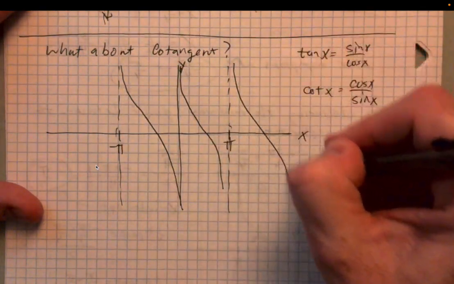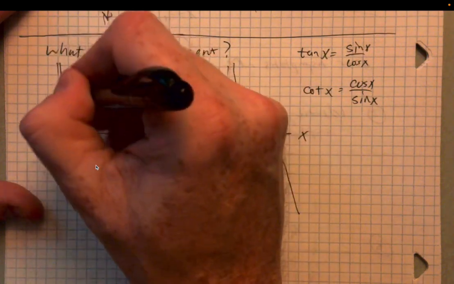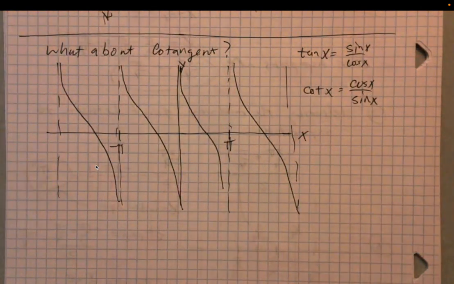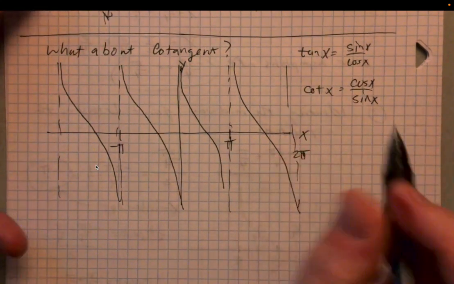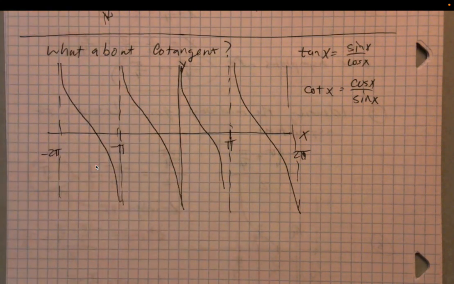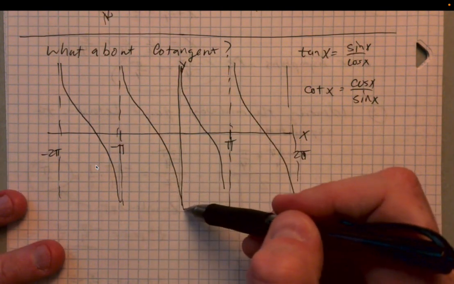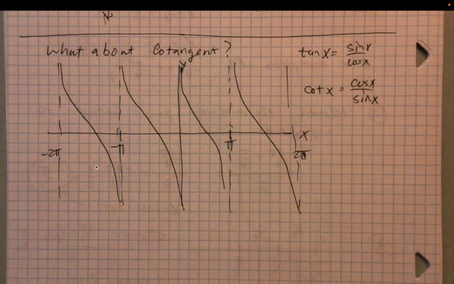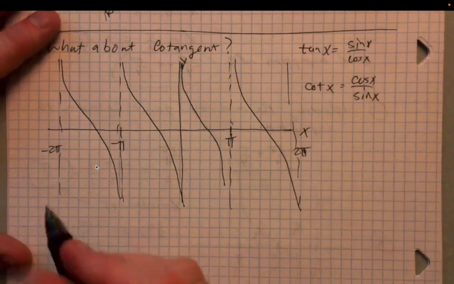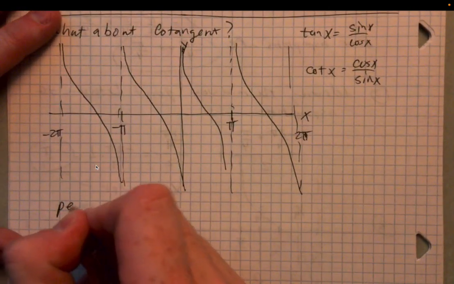Right, and so the cotangent looks a lot like the tangent, except where the asymptotes land is different. They land at multiples of pi now instead of multiples of pi over 2. And the orientation of the actual graph is different. So tangent started at the bottom and went up. Cotangent starts at the top and comes down. Okay, but otherwise they're exactly the same, and the way you treat them is exactly the same as well. Okay, so the period here is the same.